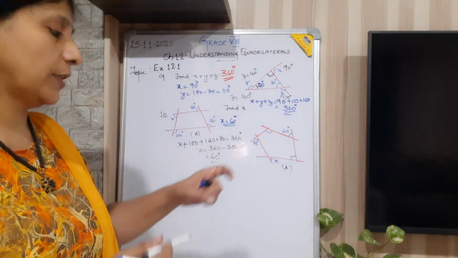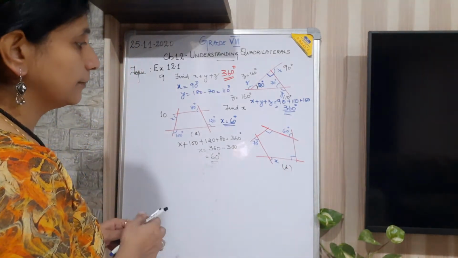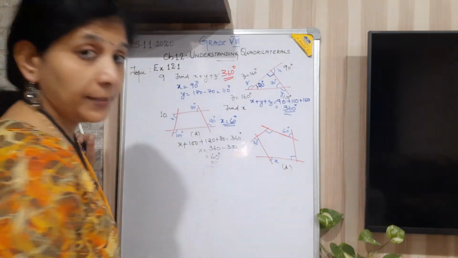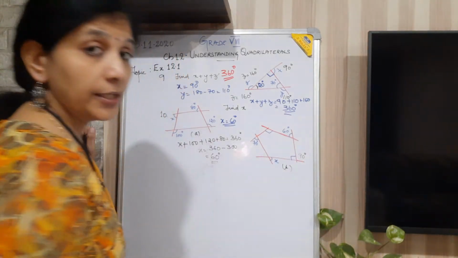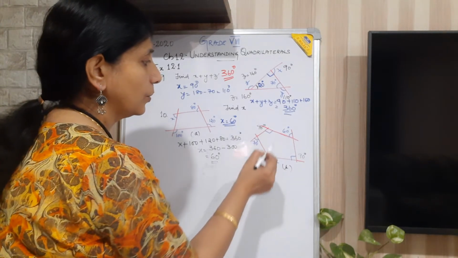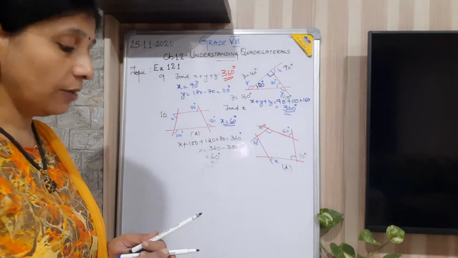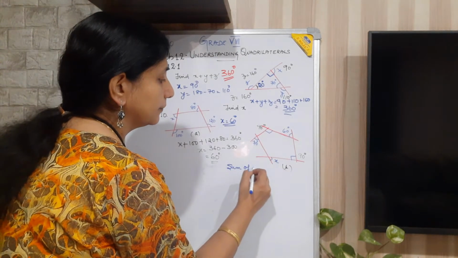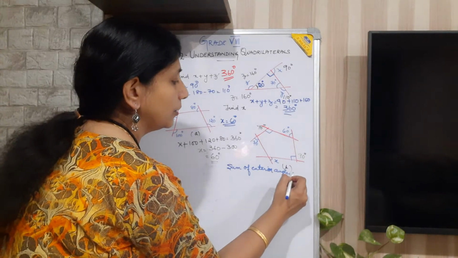Okay, now next one. Certain values are given here, that is 70 degree, this is x, and here it is not given, but instead of that interior angle is given. So this will be 90 degree. Y means the other one is 90, and here it is 60, and this again it is 90 degree. So it is a pentagon. So x plus all the exterior angles, whether it is pentagon or hexagon, the sum of exterior angles is equal to 360 degree.